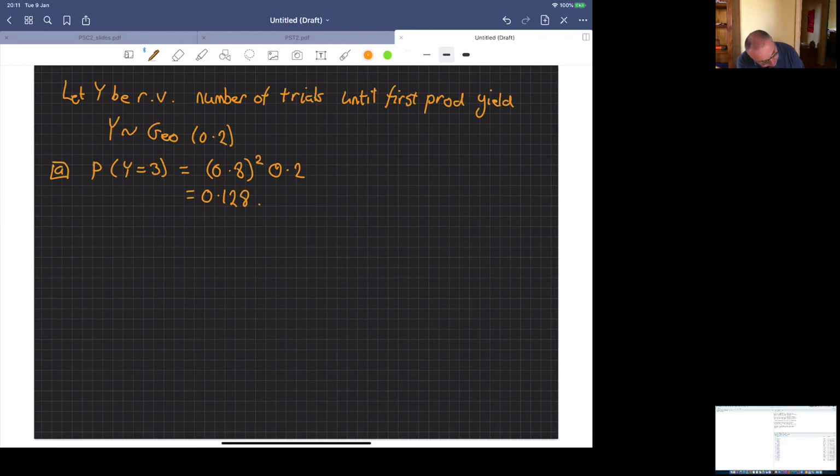Let's check that. How can I check that in R? That would be dgeom, x equals 2, prob equals 0.2. Why is it 2? Because with R, it counts the number of failures.